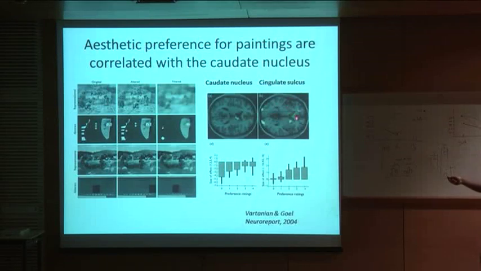In another region, the cingulate sulcus, the activity was increasing as the subjects preferred the painting more and more. So the bottom line of all these four studies that I presented is that maybe the reward area is associated with aesthetical evaluation, but if this is the case, it's not one single area that is doing so.